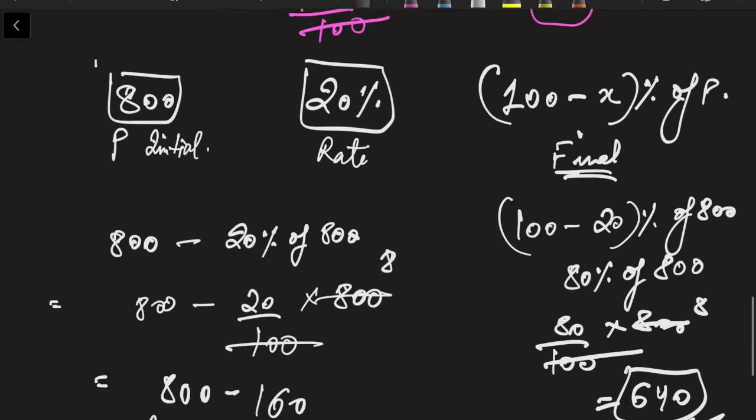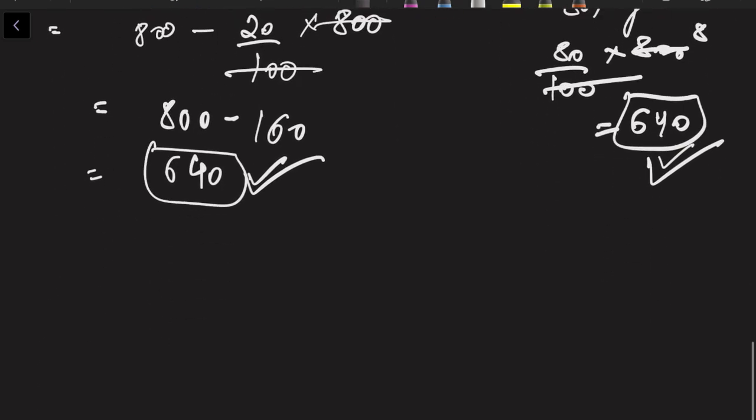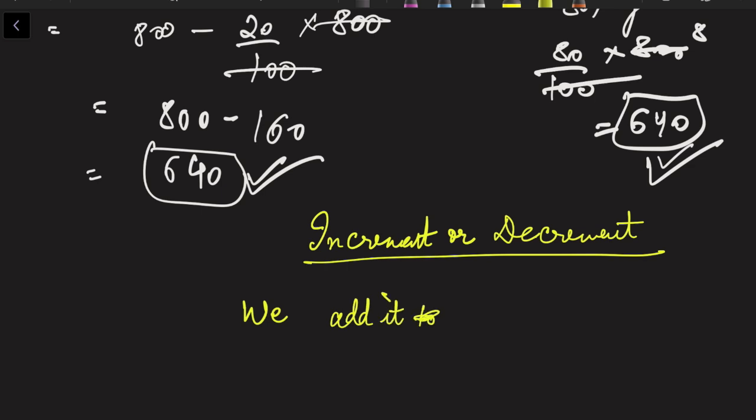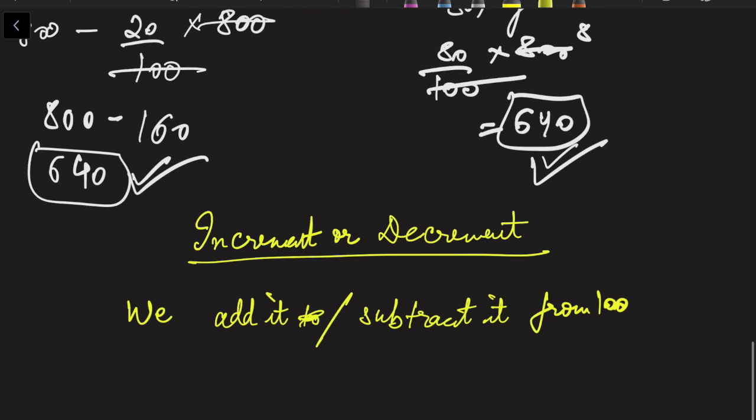Whenever there is an increment or decrement, let me write it here, increment or decrement, we add it or subtract it from 100. We add or subtract that number from 100 and we add percent.